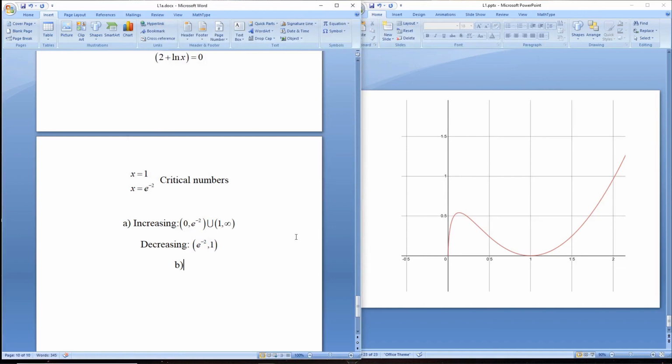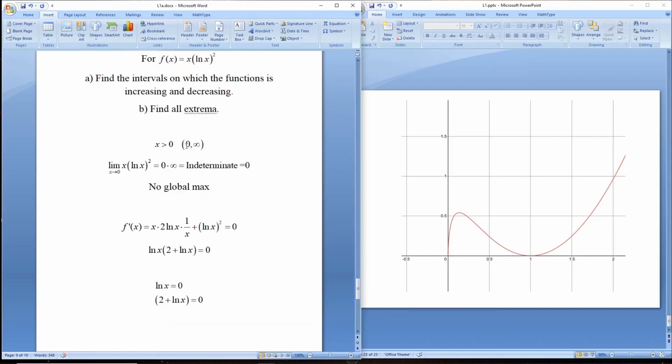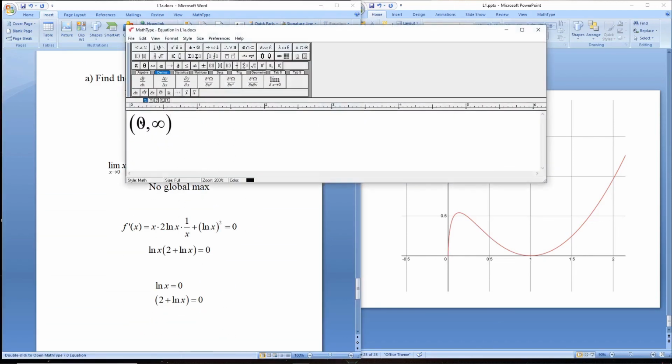And then what about local extrema? Well, we have a local min at this endpoint, because this is a, it is not closed. Ooh, almost caught myself there. This endpoint is not closed.